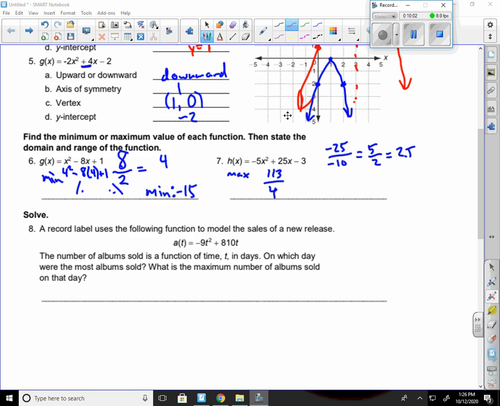The number of albums sold is a function of time t in days. On which day were the most albums sold? What is the max number of albums sold on that day? So basically all I have to do is realize that this is plus 0, negative b, that's negative 810 over 2a, which would be negative 18.